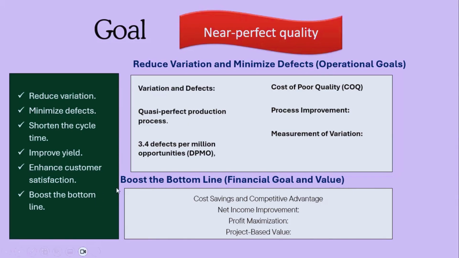So it is going to help you on your cost savings and make you a competitive advantage among your team and among different organizations. And then net income improvement, profit maximization and project-based value. These are the major areas we are going to cover in this particular session.